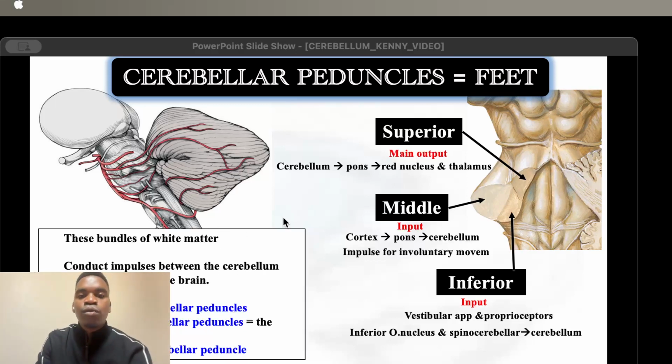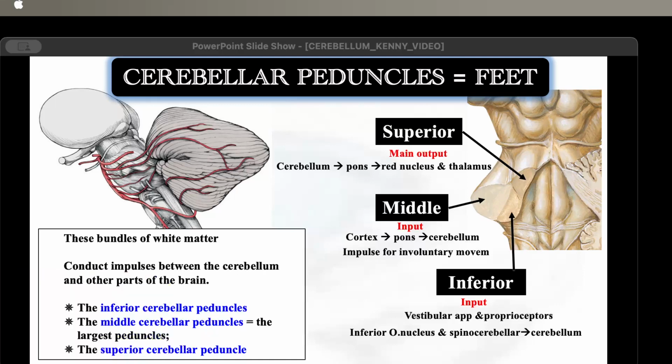So we have three kinds of cerebellar peduncle, or three kinds of feet that are used by the cerebellum to attach itself to the brainstem. Okay, so we have the superior cerebellar peduncle, middle cerebellar peduncle, and inferior cerebellar peduncle.